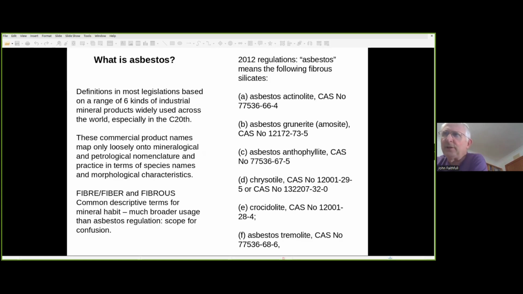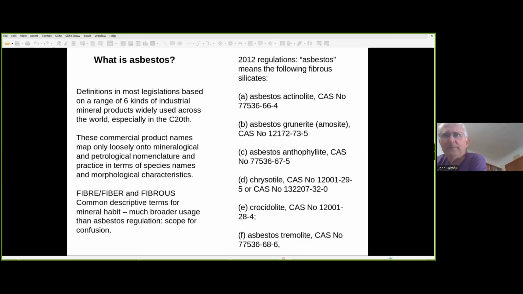The other issue is that the use of fibre and fibrous in regulation, these are very subjective terms, and we often use fibrous as a hand specimen habit descriptor in mineralogy, and we can quite often use fibrous for crystals that are a millimetre or two wide, which is orders of magnitude wider than an asbestos fibre.